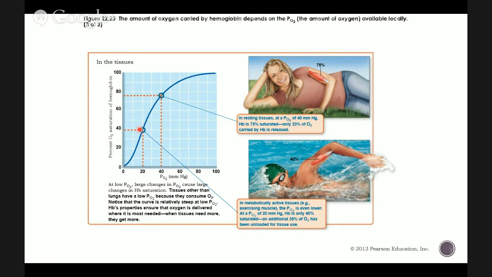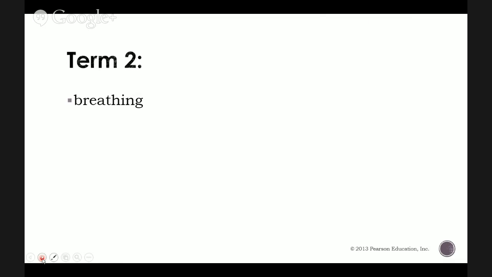But what if you're actively exercising, really working those muscles? Now look at the partial pressure. It drops to 20 millimeters mercury, and you can see that we have below 40, or about a 40% saturation. So as the partial pressure continues to decrease, hemoglobin is like, yeah, take it, right? It's more likely to give it up, okay? So partial pressure is the number one determinant.